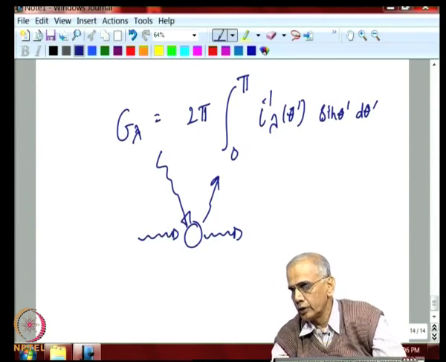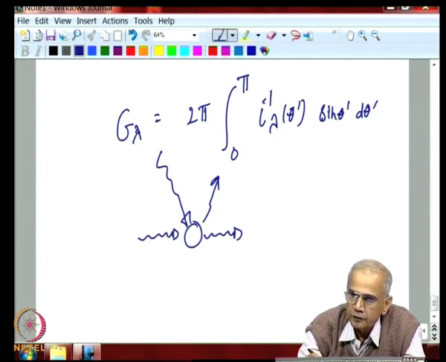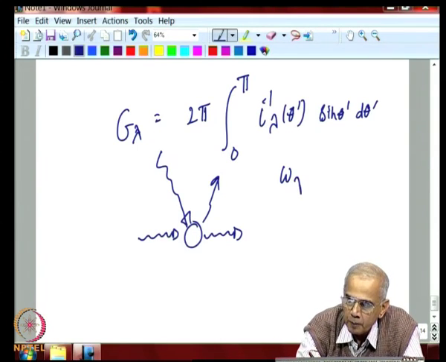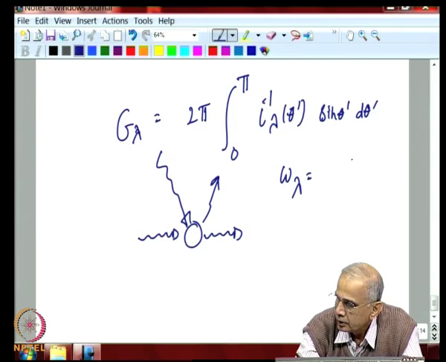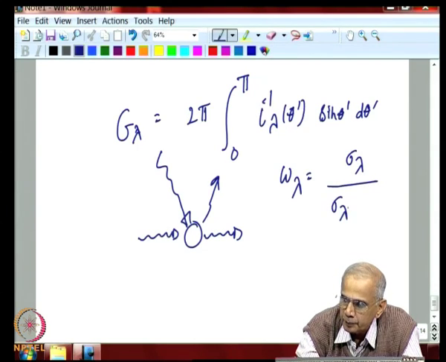And the expression we wrote can be rewritten in terms of what is known as single scattering albedo, which is the ratio of the scattering to scattering plus absorption.